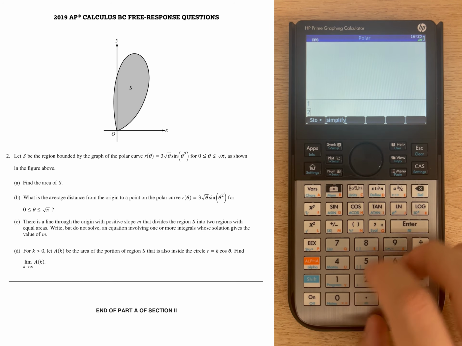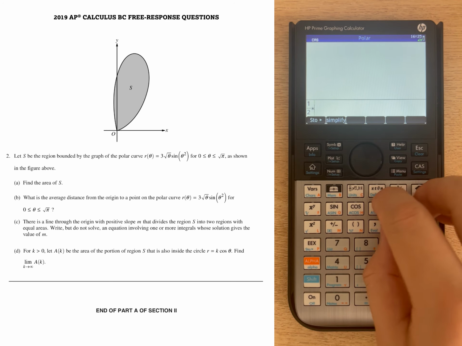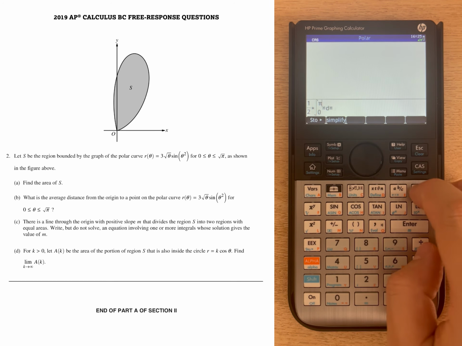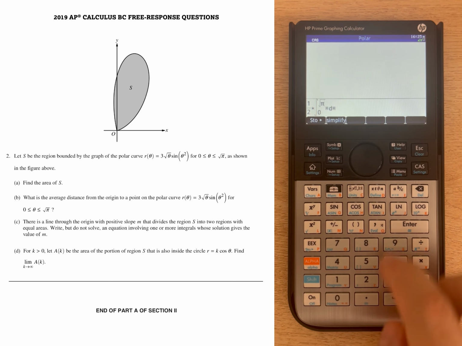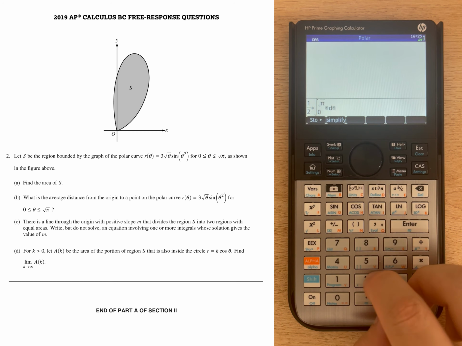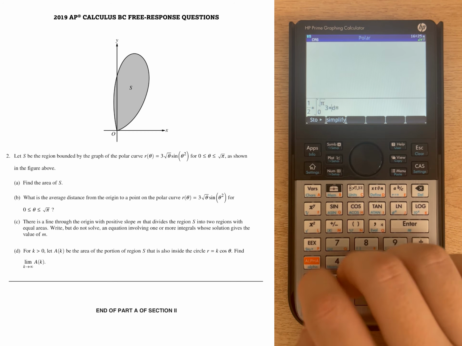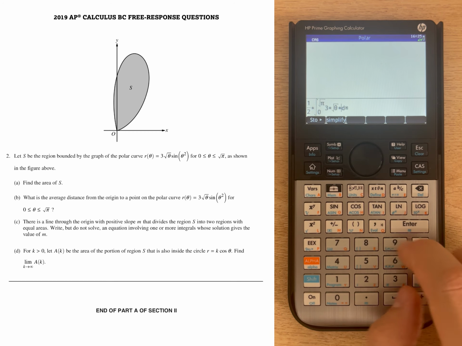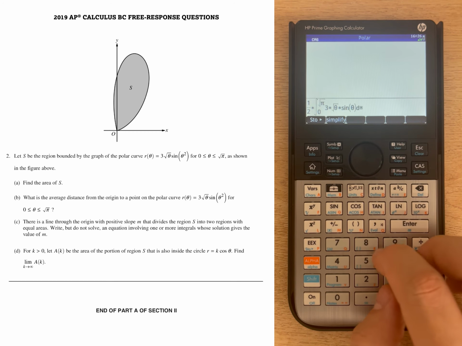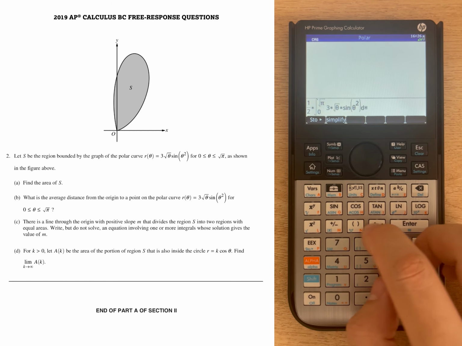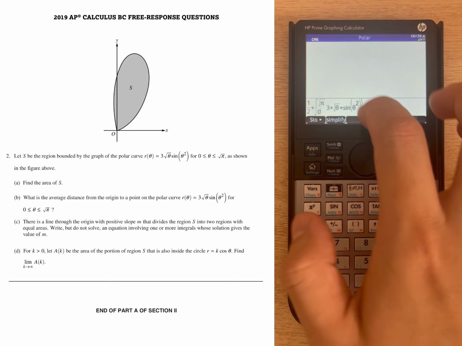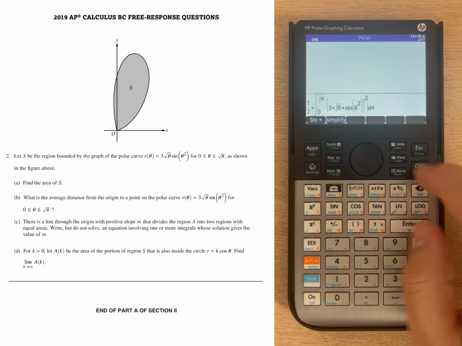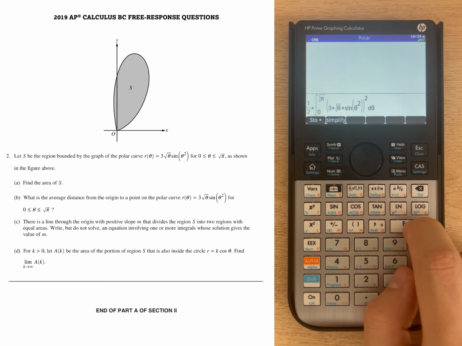Let's put the 1/2 first, 1/2 multiplied with the integral from 0 to the square root of pi, and put our r(theta) in here: 3 multiplied with the square root of theta, multiplied with sine theta squared. We also need to put this into a square with a left bracket and a right bracket, and d theta, and we press enter.